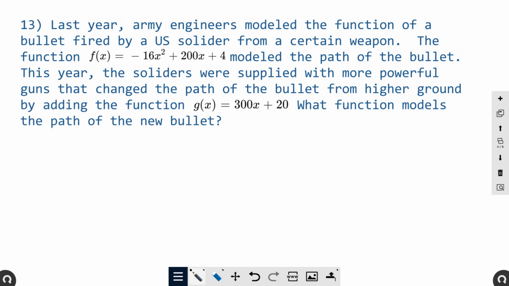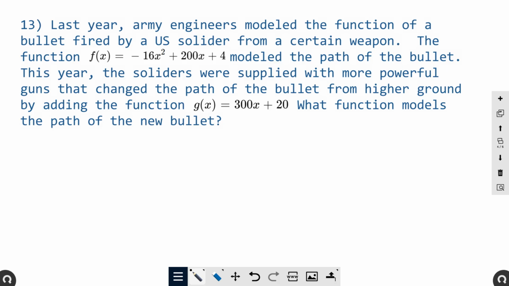Let's read it. Last year, Army engineers modeled the function of a bullet fired by a U.S. soldier from a certain weapon. The function f of x modeled the path of the bullet. This year, the soldiers were supplied with more powerful guns that changed the path of the bullet from higher ground by adding the function g of x.